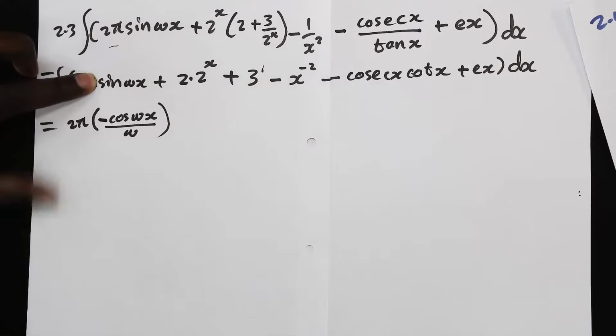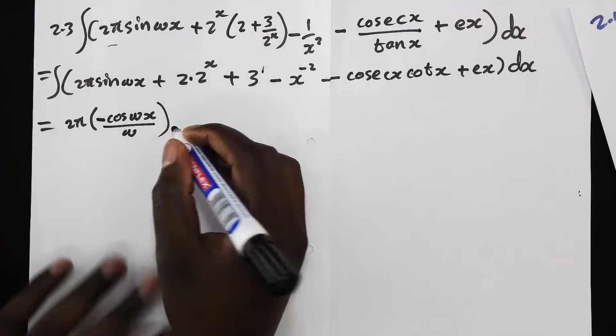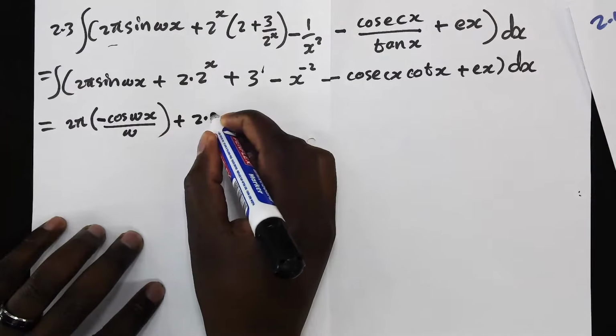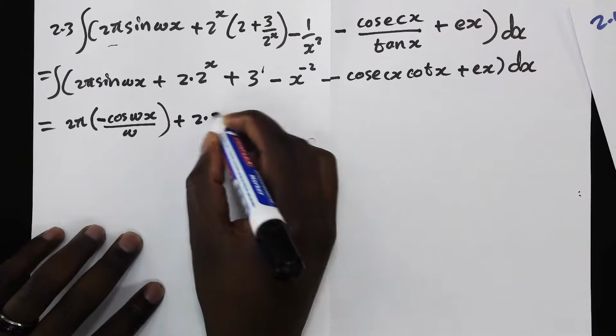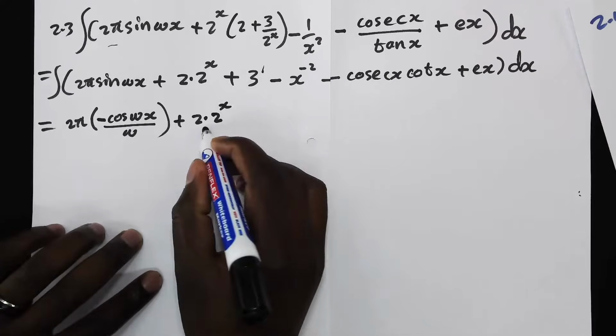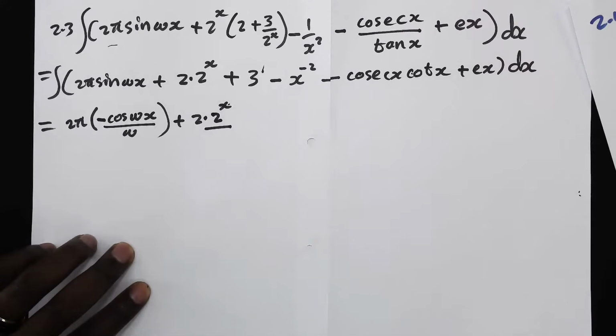In integration, we divide. We have that, we're done. Then with logs, there are 2 terms. The exponential function, we said it always appears as it is, isn't it? And we need to divide by the derivative of the exponent, which is 1.